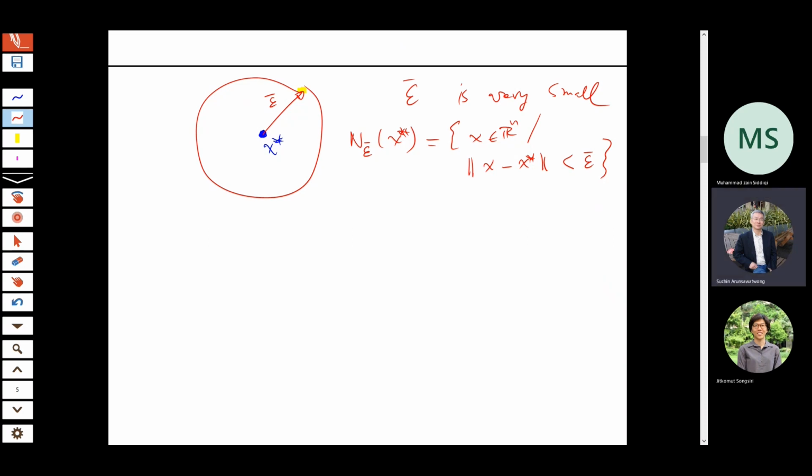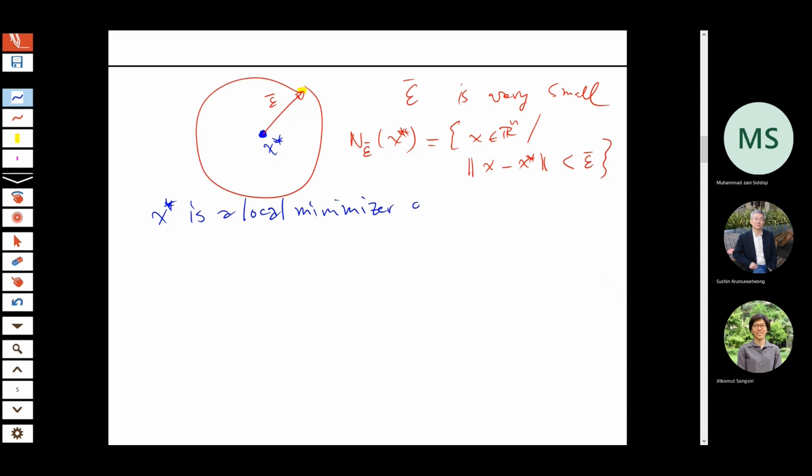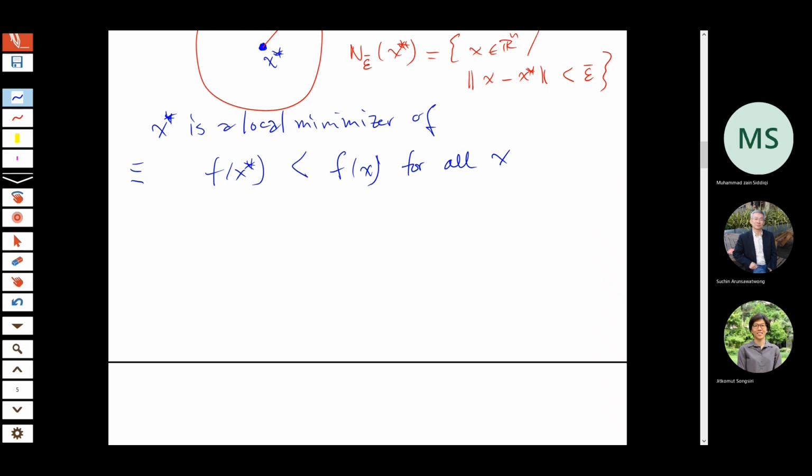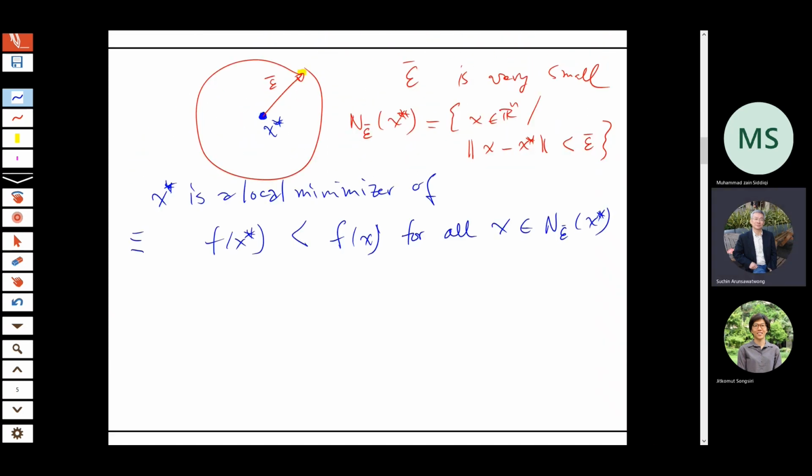So what happens here? When x star is a local minimizer of f, this is equivalent to the fact that f of x star is less than f of x for all x that is in this neighborhood and x is not equal to the point x star.